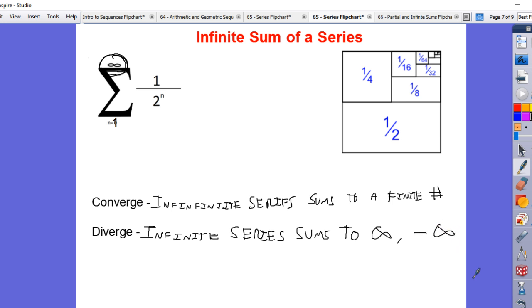So if a series converges, it converges to a specific number. If it diverges, it goes to infinity or negative infinity.